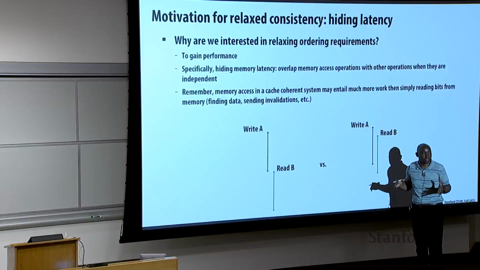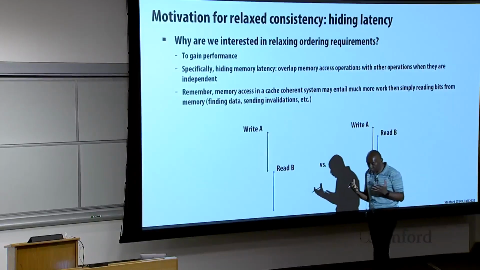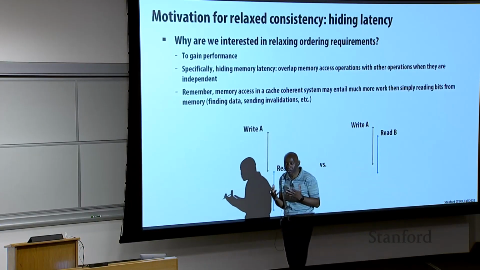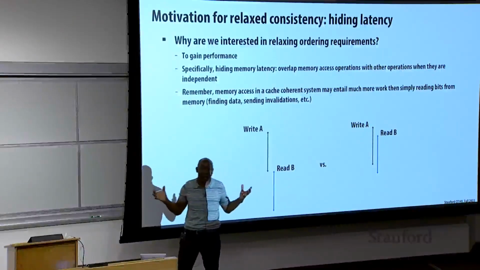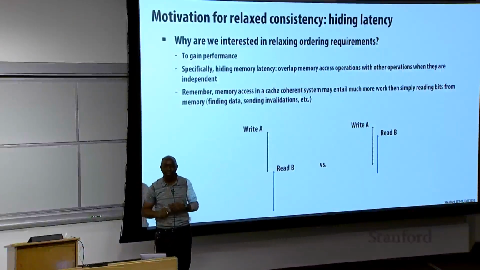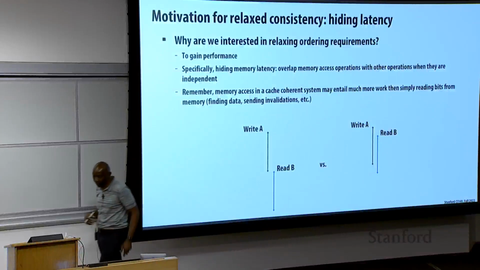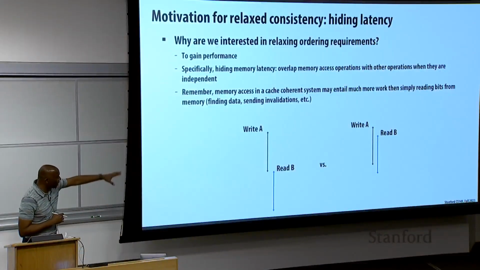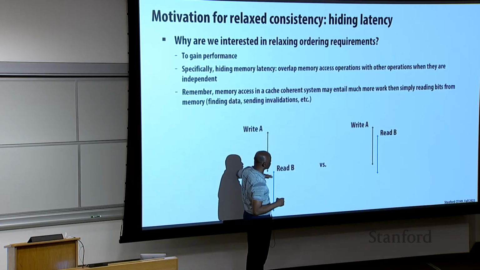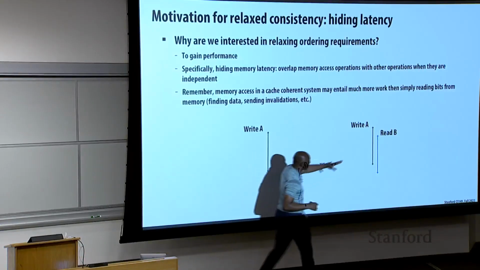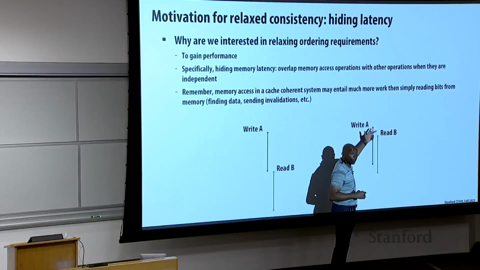From the point of view of the application, it wants to read its data as early as possible, and who cares about the writes? You can push them off later or overlap them with other reads. So why wait for the write to finish, which would be sequential consistency? Let's at least overlap and maybe reorder.